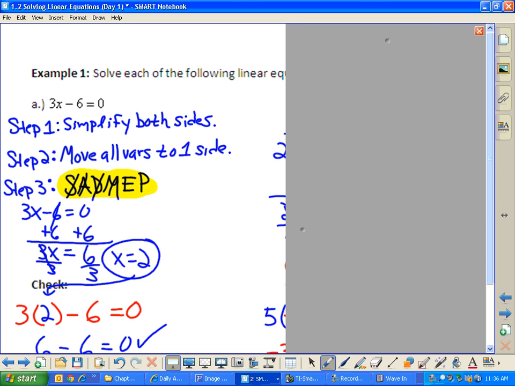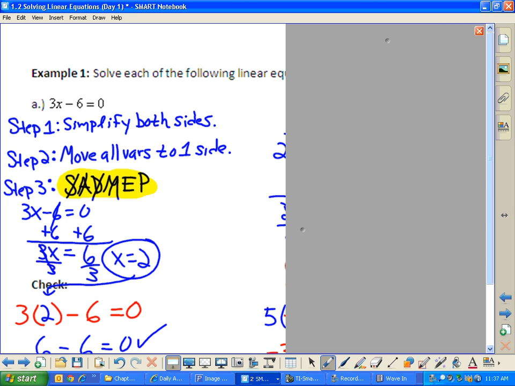So after you do step 1 and step 2, you're commonly going to be left with an equation like in part A. You see I have all the variables on the left side there, and there's nothing I could do to simplify that. I can now solve this equation, 3x minus 6 equals 0, by adding 6 to both sides. So I basically undid any subtraction or addition that I saw in the problem.